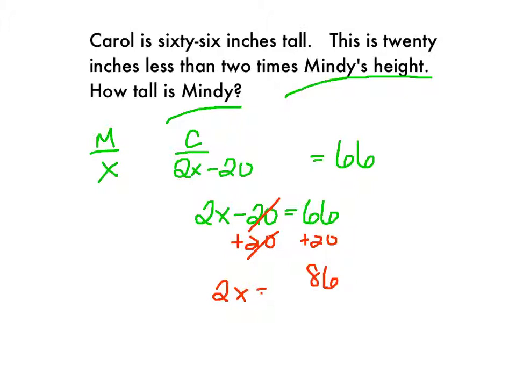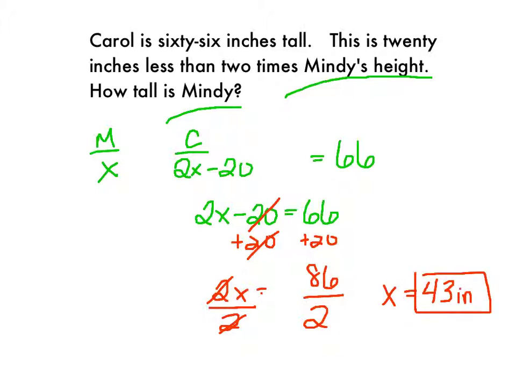I have multiplication here, so I'm going to divide by 2, divide by 2. These cancel. So x is going to be equal to whatever half of 86 is, which happens to be 43. So Mindy's height is 43 inches, and that's what we are going to write. So 43 inches equals Mindy's height.